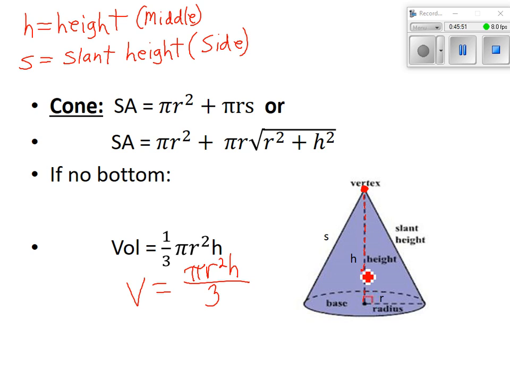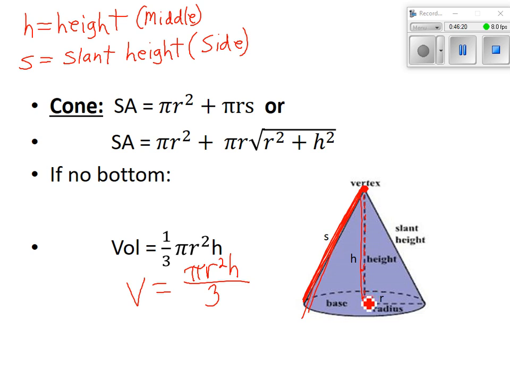Why can't I just slide down the cone? Because that wouldn't put you inside the cone. So if he doesn't want to be inside and he slides down the side, he's no longer sliding the height, now he's doing the slant height. So slant height goes down here, height goes through the middle, radius of the circle's down here.